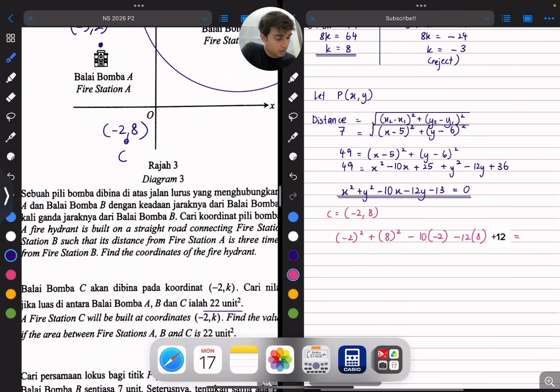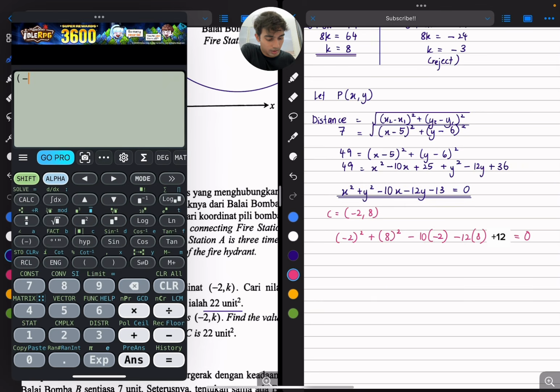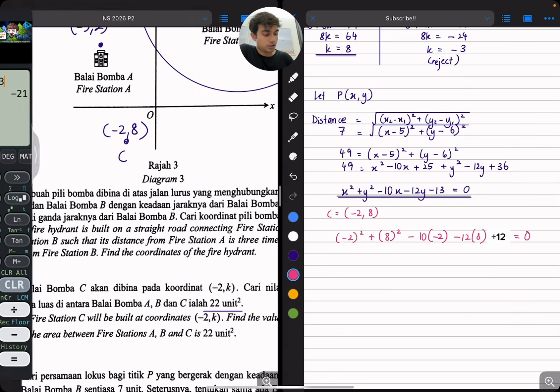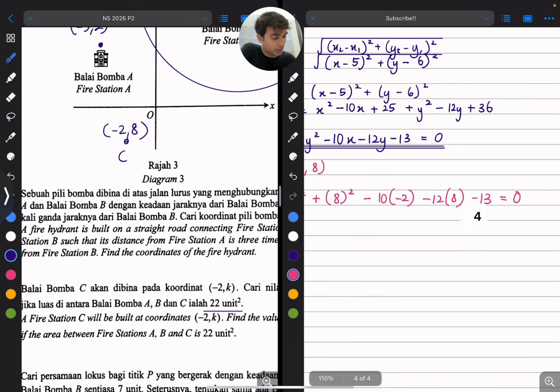So let's see if it tallies or not. Negative 2 squared plus 8 squared minus 10 times negative 2, minus 12 times 8, minus 13. It's negative 21. So this whole thing is negative 21. That means it's not 0.